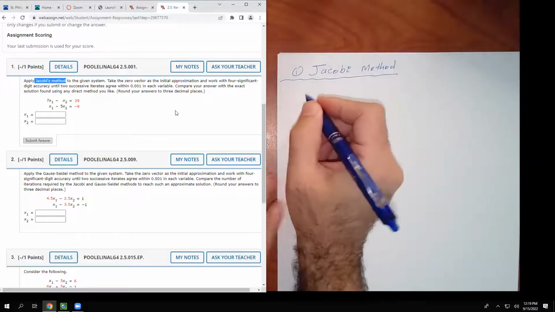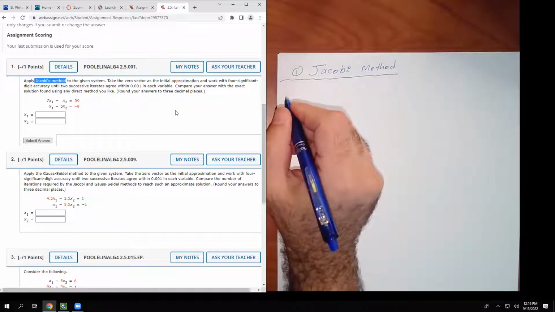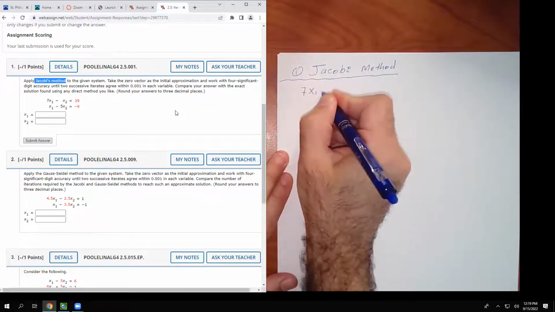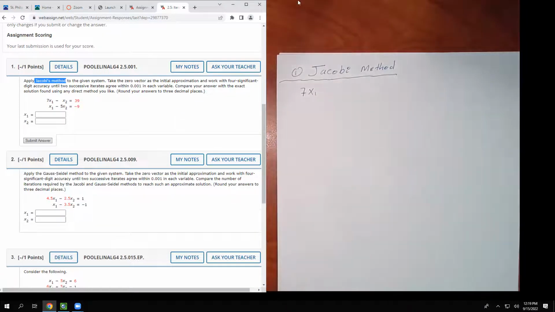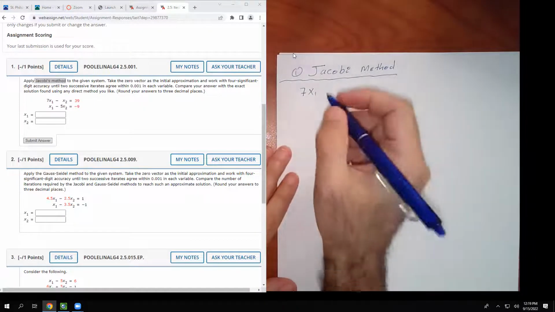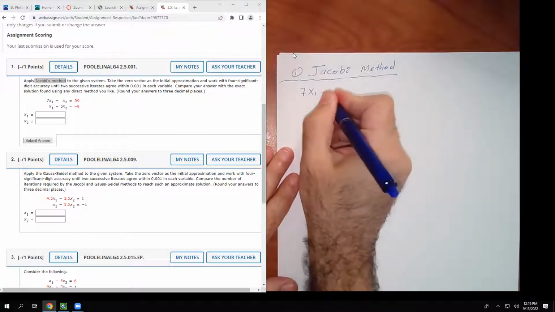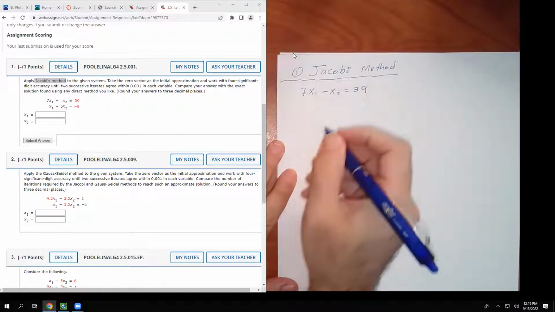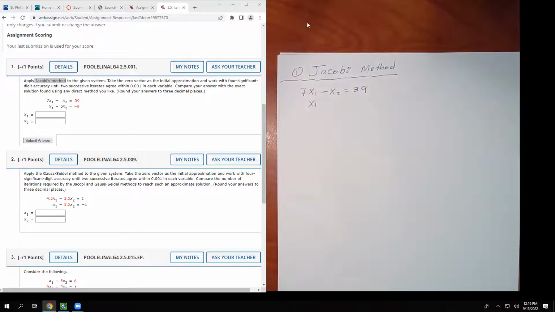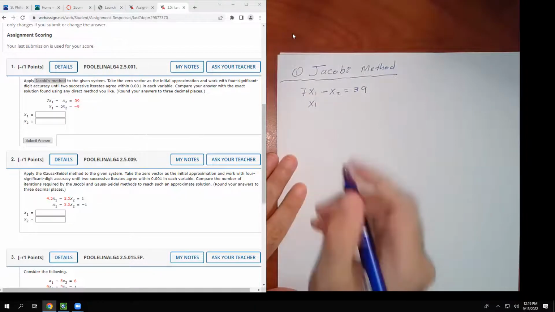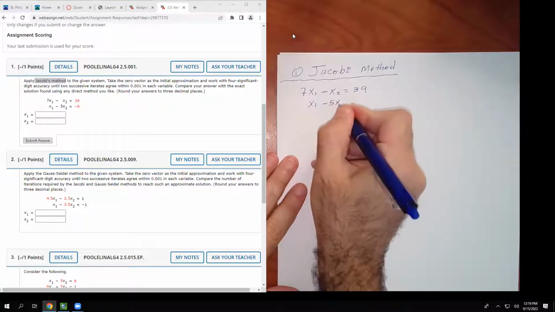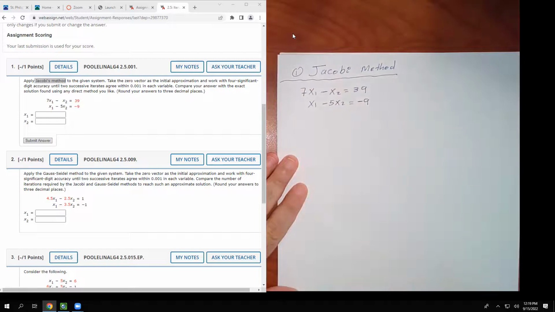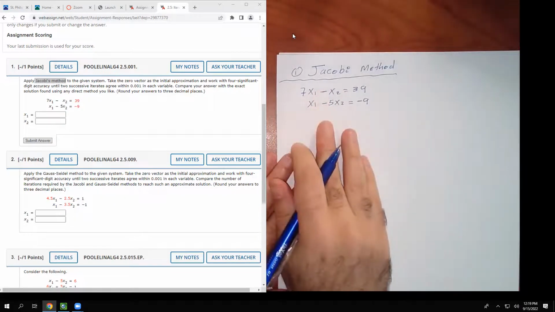The first thing I'm going to do is write down the system: 7x1 minus x2 equals 39, and the second one is x1 minus 5x2 equals -9. So here is the system.